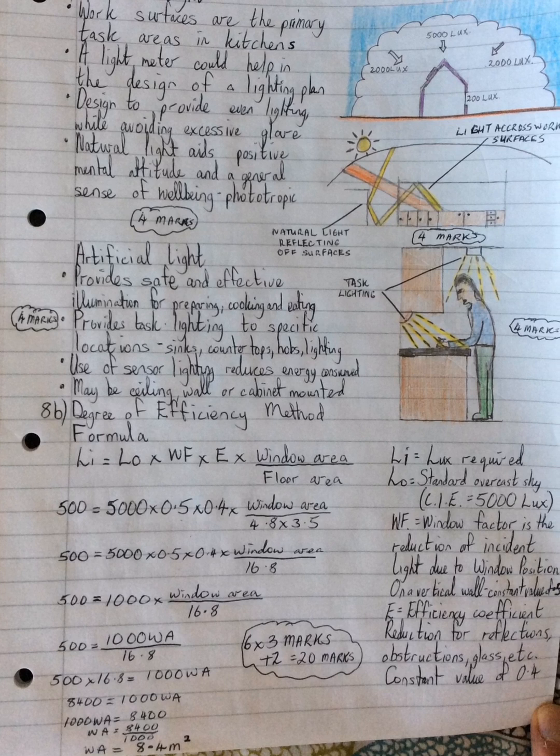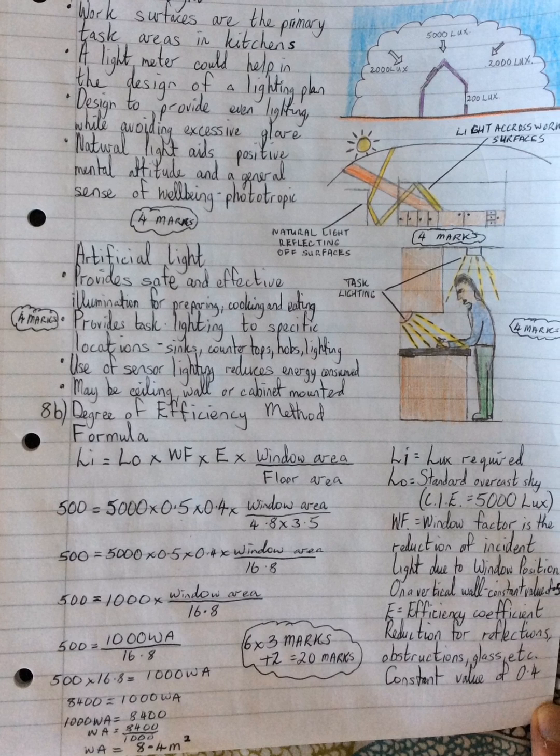So Li equals 500, then we have equals 5000 by 0.5, which is Wf, window factor, by 0.4, which is E, efficiency coefficient, by window area over floor area, and our floor area is 4.8 by 3.5.